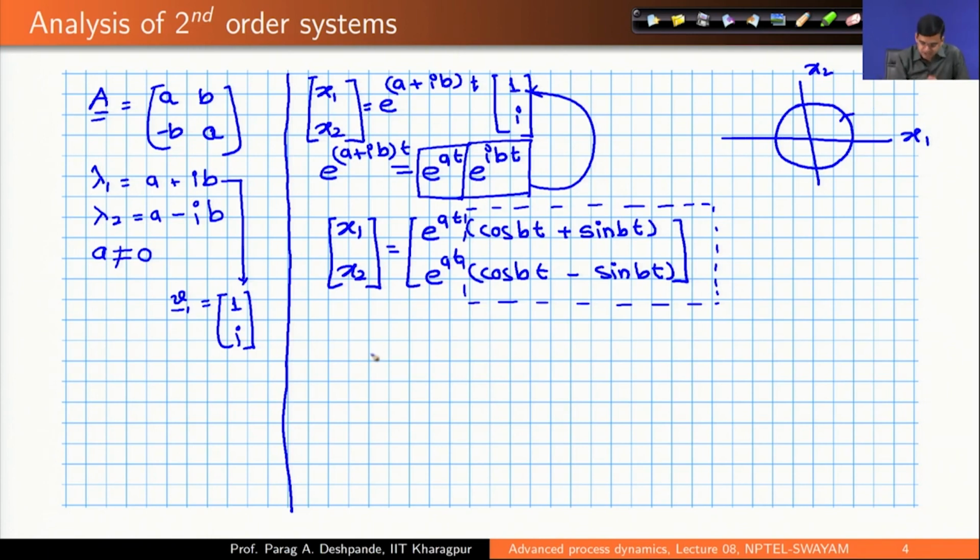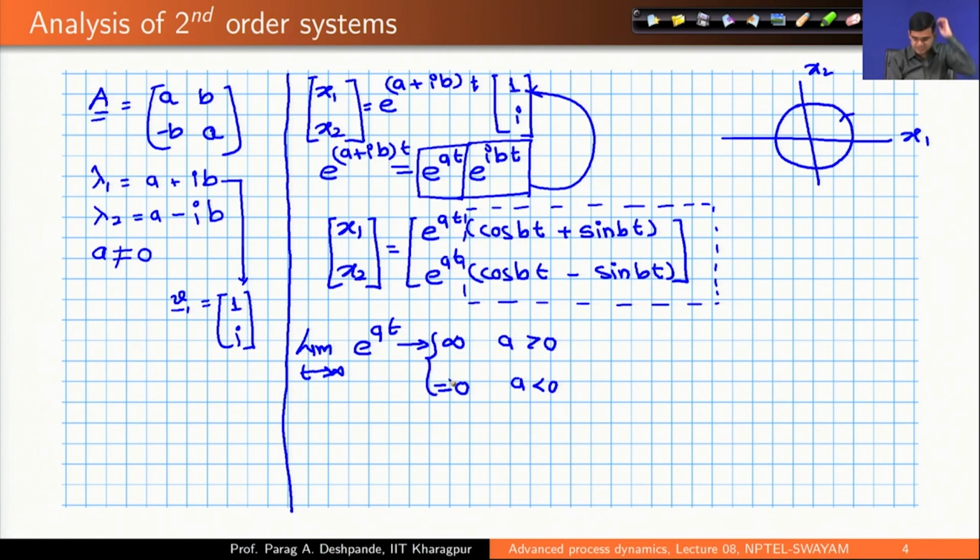Now, what is the behavior of e to the power a t? We know that e to the power a t, as t tends to infinity, goes to infinity for a greater than 0 and is equal to 0 for a less than 0.